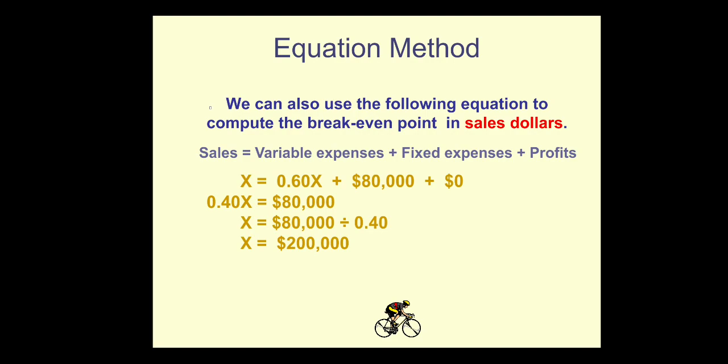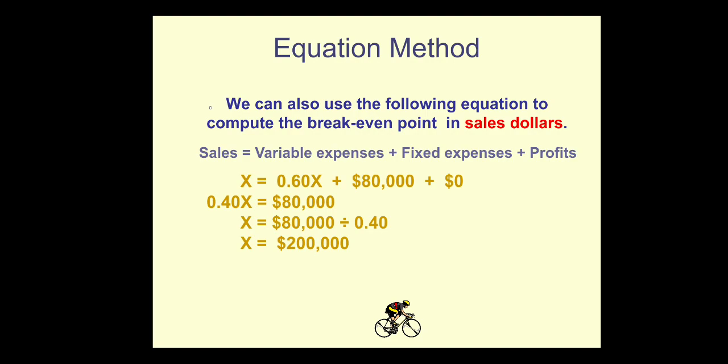Or you can use this formula to calculate the break-even point in terms of dollar. This is the way I have told you before, which is 400 bikes, the break-even point in terms of quantity, times $500 price per unit. So you will get the same answer, $200,000.